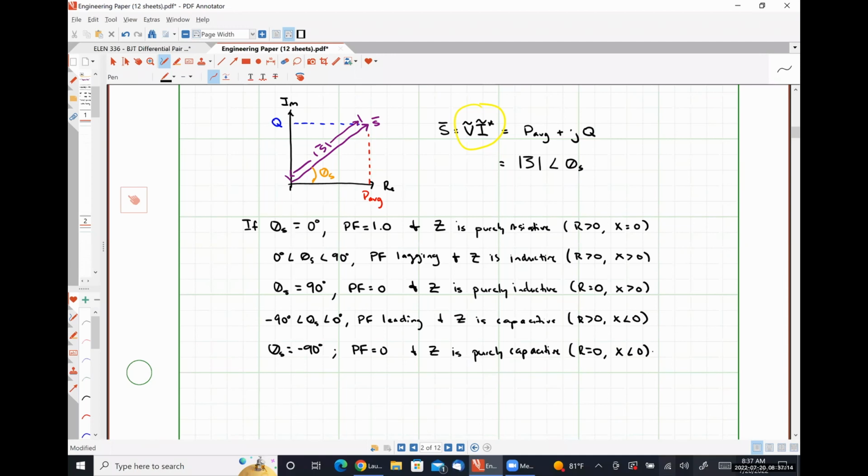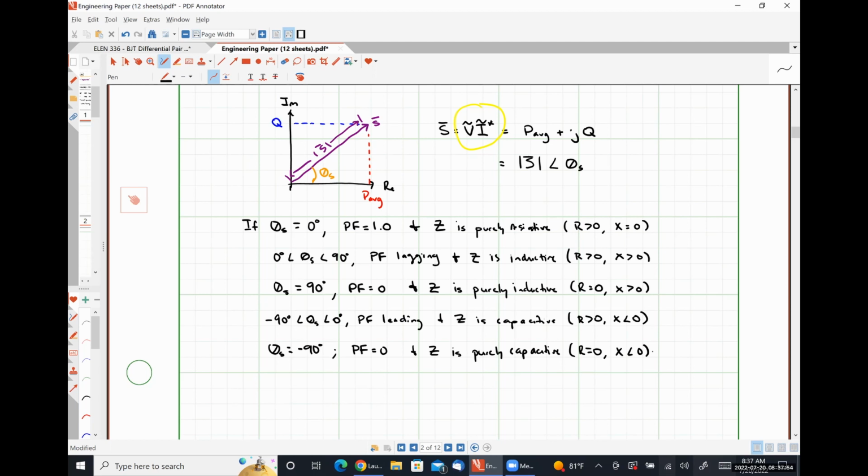Now, technically, I've left off half of the unit circle that corresponds to negative resistances. The only time we would ever see anything like that, or a power triangle that would ever lie not in quadrant 1 or quadrant 4, which is what I've defined here through all of these relationships, would be if we were looking at the complex power absorbed by a source, which typically speaking we wouldn't do.